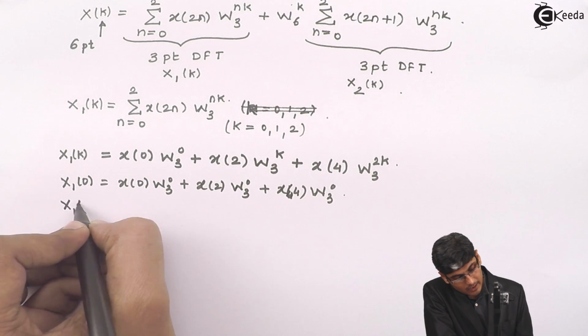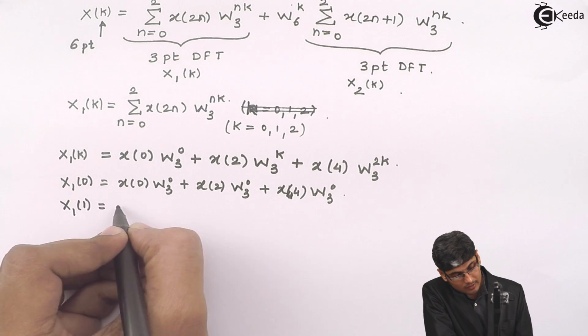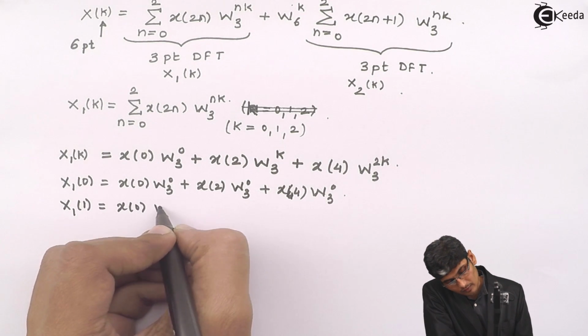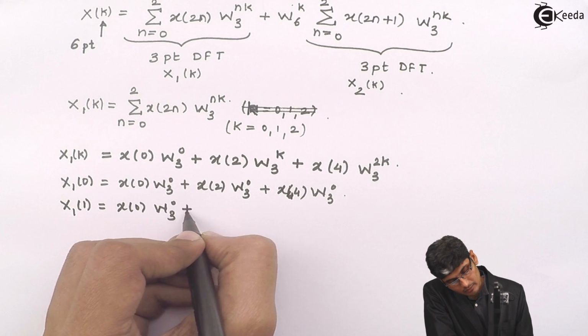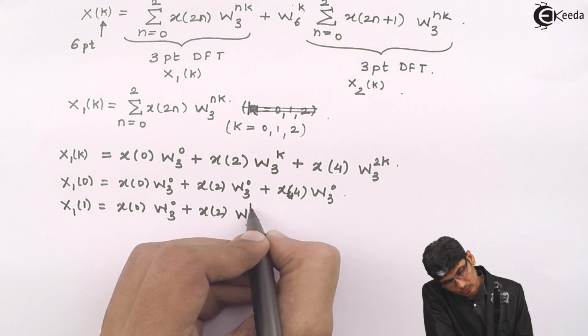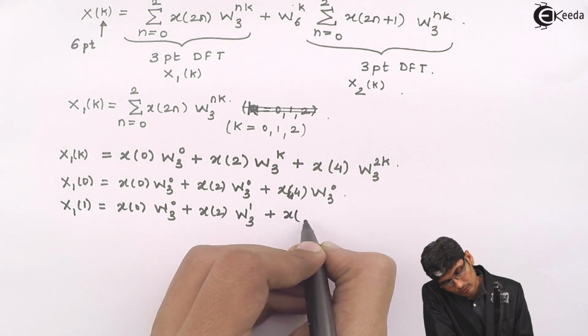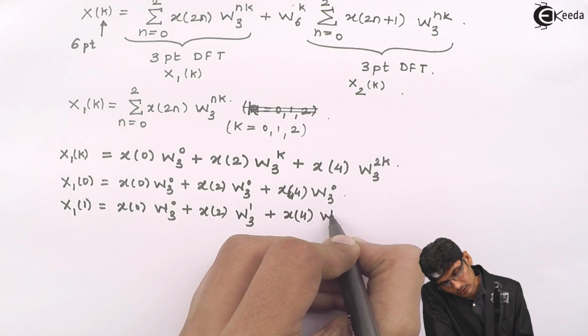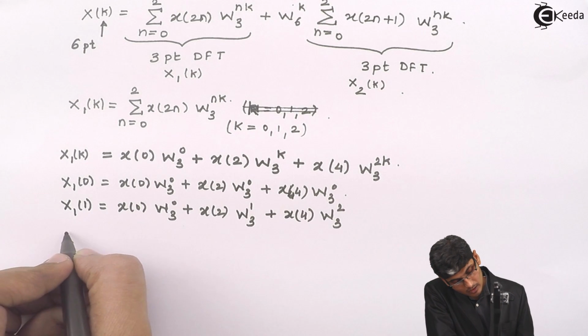Then I am going to get X1 of 1, which is nothing but x of 0 W3 raised to 0, it doesn't matter because n is 0, plus x of 2 W3 raised to 1 plus x of 4 W3 raised to 2.